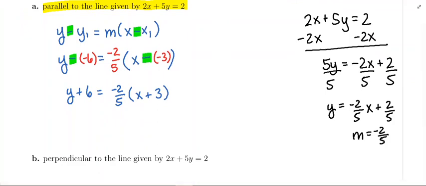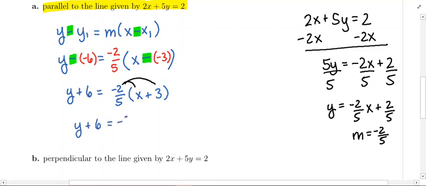So let's keep going. Now I'm going to distribute this fraction through the parentheses. So we're going to get y plus 6 is equal to negative 2/5 times x. Then negative times positive will be negative. You're going to have to do 2/5 times 3.